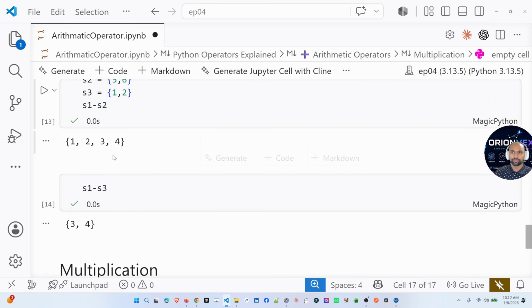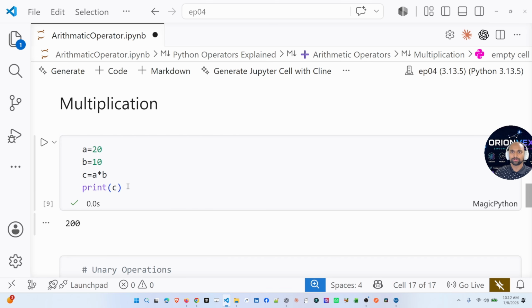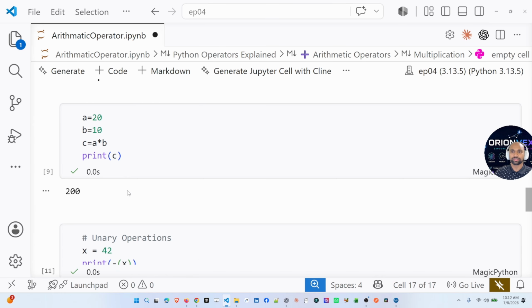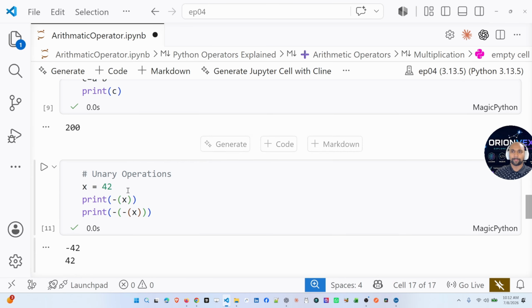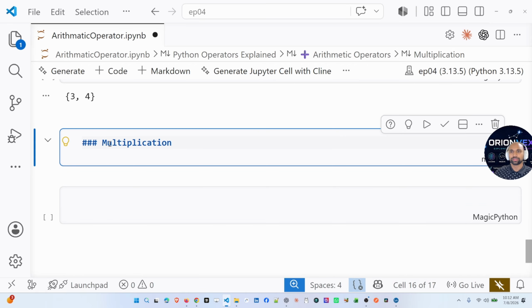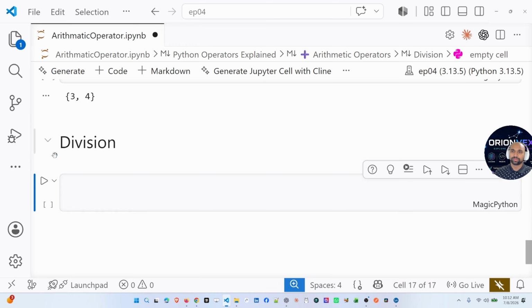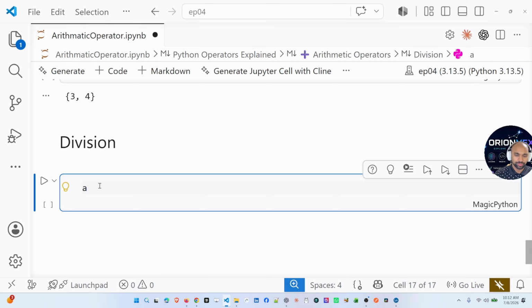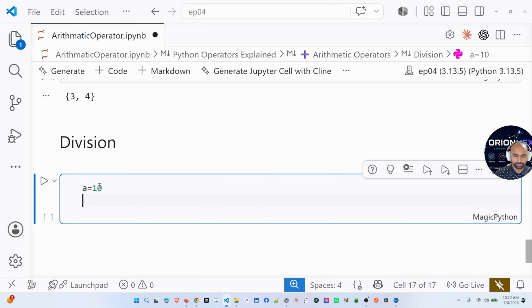Let's take the same example: a = 10, b = 5.